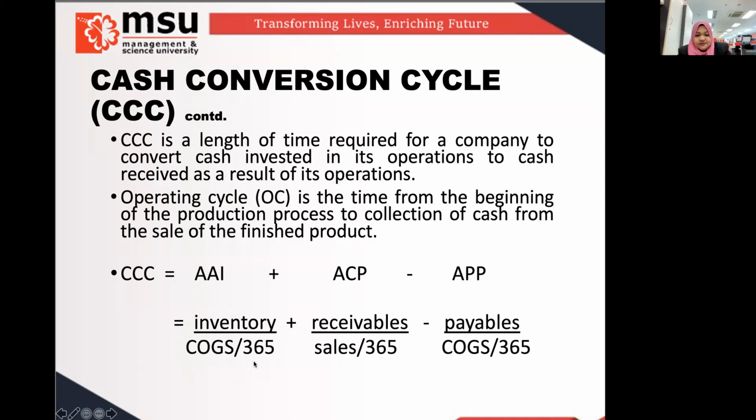So what you need to do is divide cost of goods sold by 365 first, and then divide inventory by the answer.